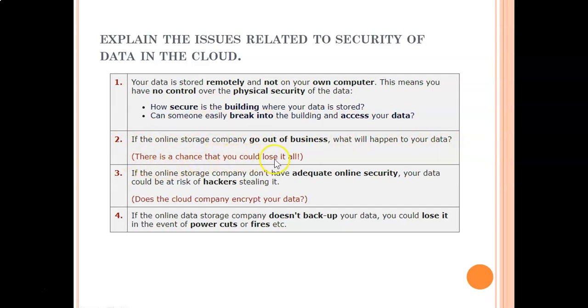There is a chance that you could lose it all. If the online storage company doesn't have adequate online security, your data could be at risk of hackers stealing it. Does the cloud, for example, encrypt your data? The last one, if the online data storage company doesn't back up your data, you could lose it in the event of power cuts or fires, etc. So these are just some security issues relating to storing data in the cloud.